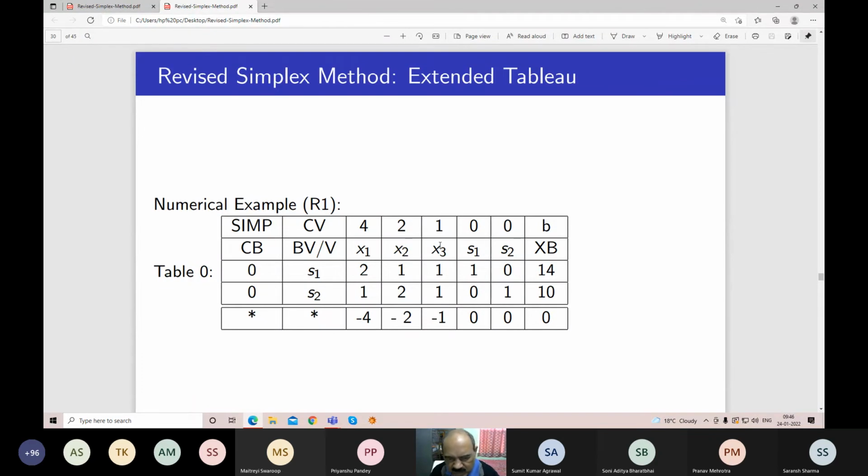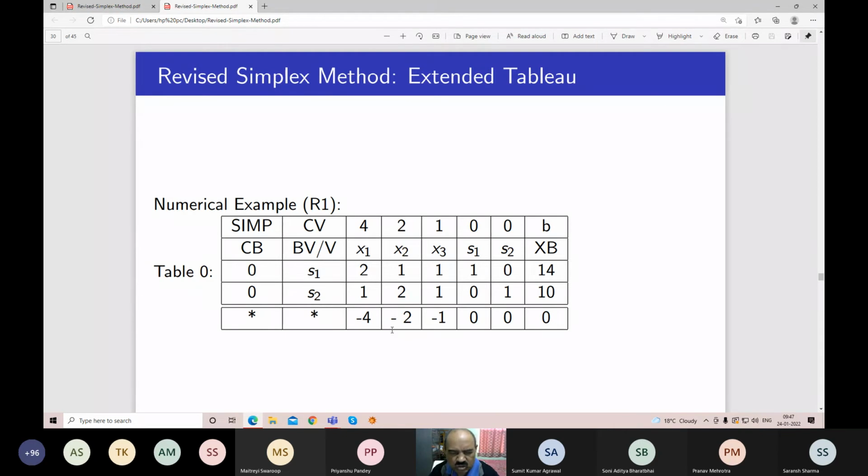X1, X2, X3 are the non-basic variables. In the next attempt, X1 and S2 are the basic variables, and X2, X3 and S1 are the non-basic variables. In the last attempt, X1 and X2 are the basic variables. The non-basic variables are X3, S1, S2.